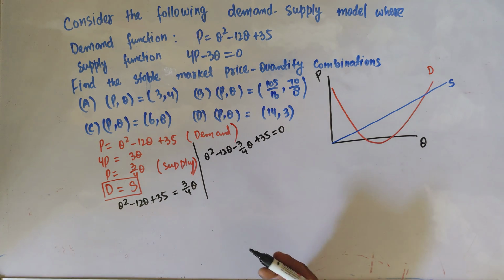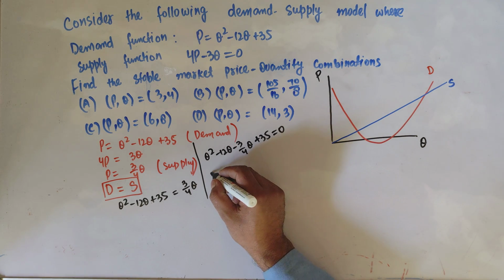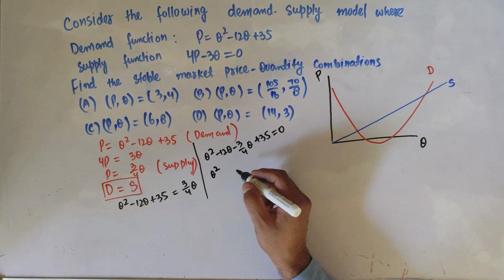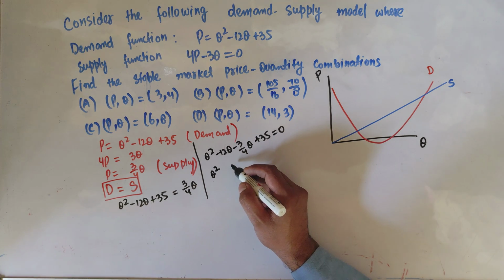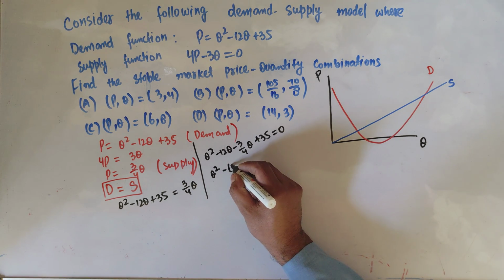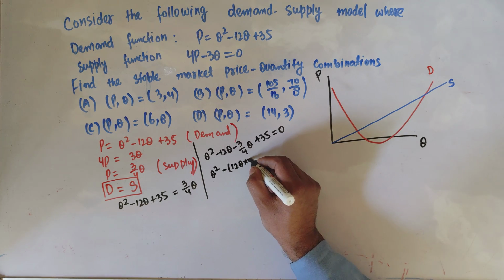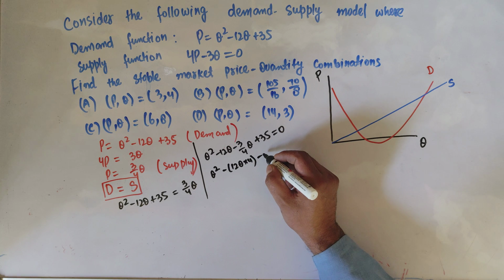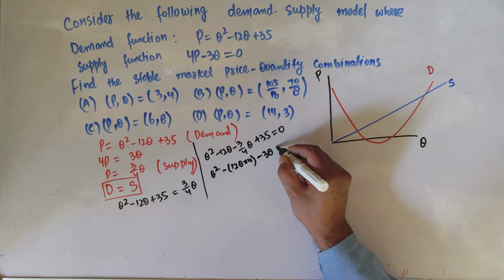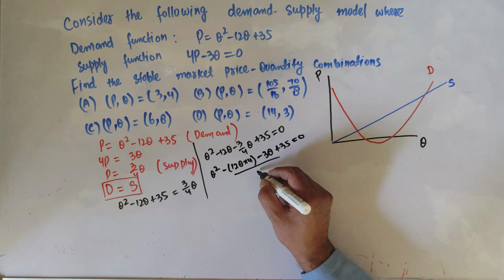If we solve it further, let me write it here. So can we write it like this? Q square, then multiplying these, we will get minus 12Q into 4, then minus, cross multiplying here, minus 3Q plus 35 equals 0, but here we have to divide it by 4.